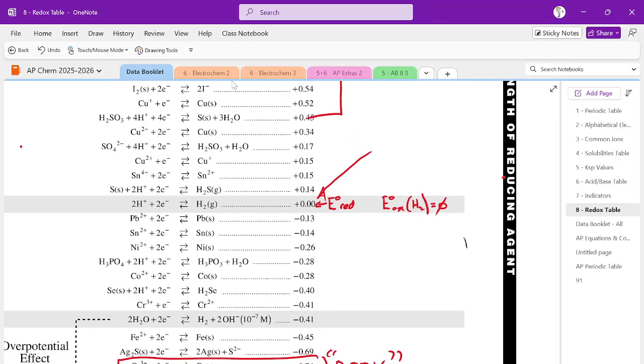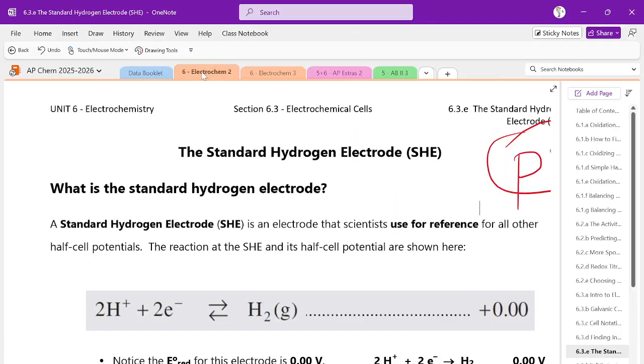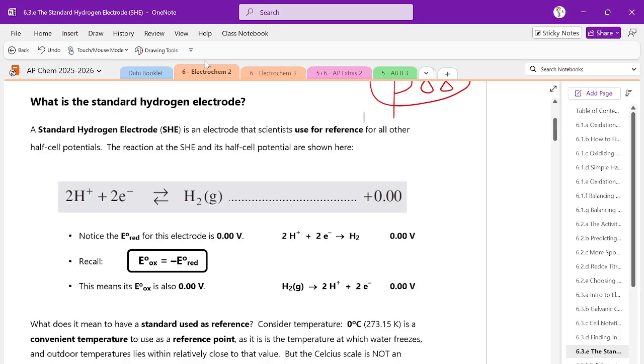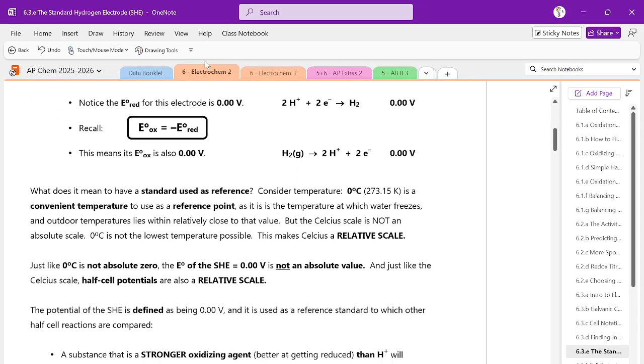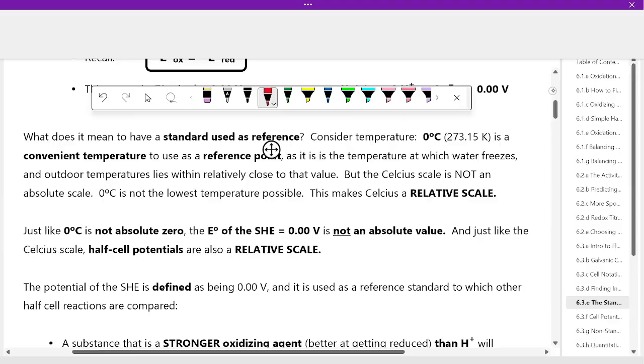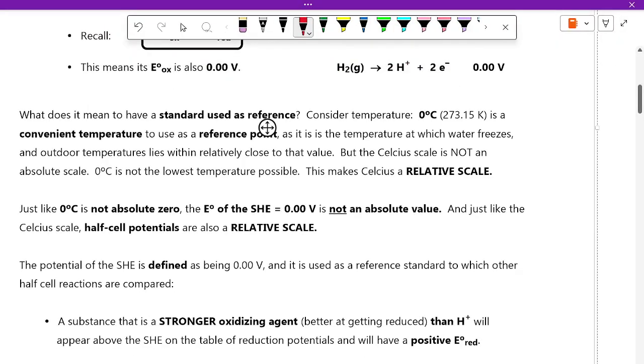Let's go back to our standard hydrogen electrode then. I'm just babbling on here about having a standard as a reference and talking about the temperature, how Celsius is different from Fahrenheit.